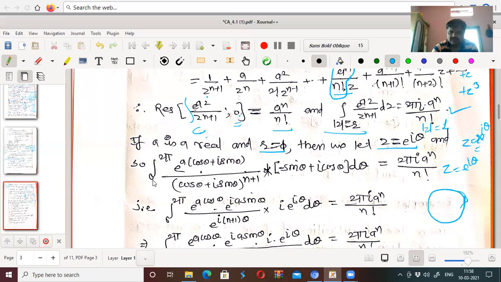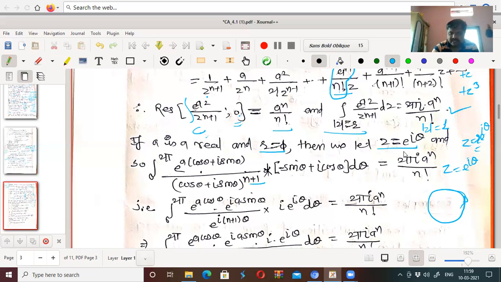So the integral over 0 to 2 pi, that is the integral over C, of e to the power a z, that is e to the power a into e to the power i theta, that is e to the power a into cos theta plus i sin theta, divided by z raised to n plus 1, that is e to the power i n plus 1 theta, that is cos theta plus i sin theta to the power n plus 1, into dz.